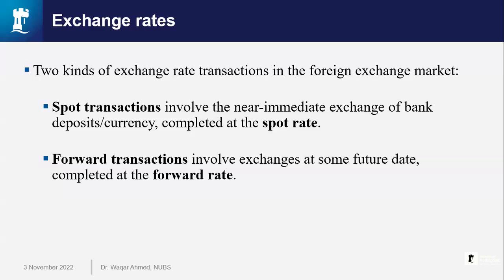If you enter into a forward transaction, so let's say you're expecting to receive $1 million in 3 months' time. So the dollar to pound rate can change over time in these 3 months, right? And especially what's happening with the pound these days, right?